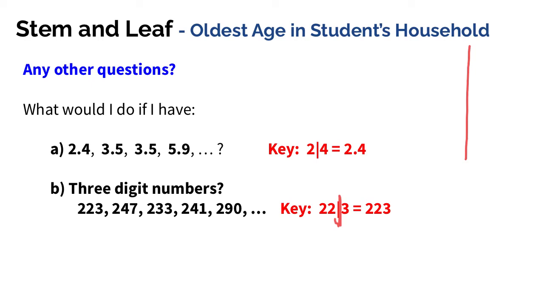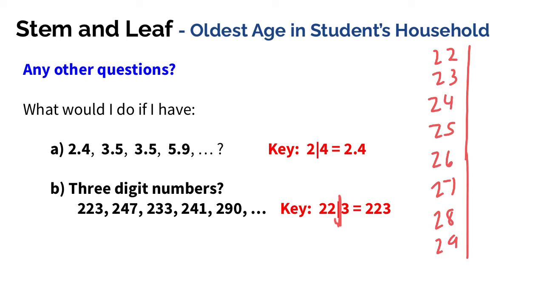So if I was going to make a stem and leaf plot for this one, I would start with 22, and then I'm going to go all the way up to 29 here. I need to make my line longer here, my vertical line. So then if I was going to fill this in for these pieces of data that we have, 223 would look like this. 233 is my next smallest number, so I'm going to do that next.